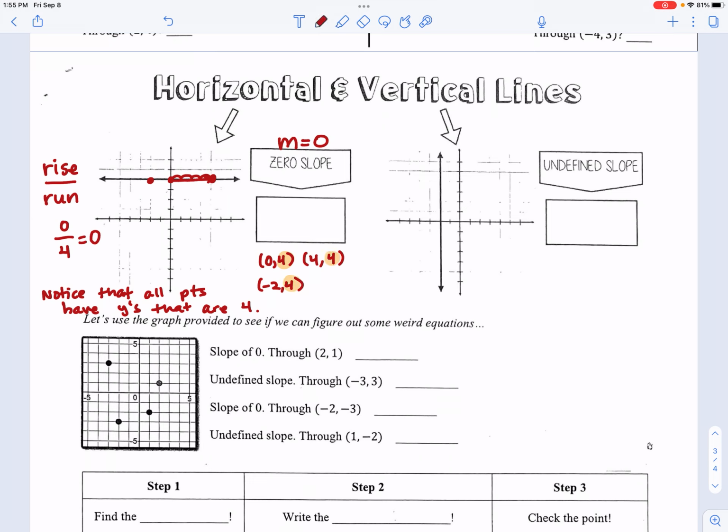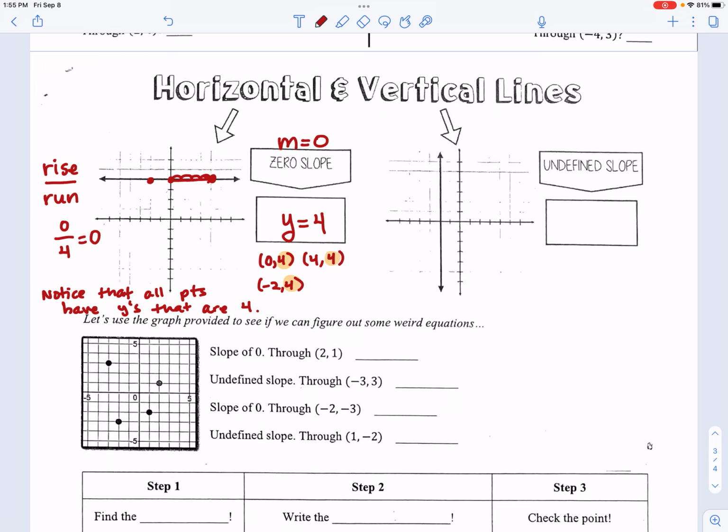That actually tells you the equation of this line. It does not matter what your x values are. Your y's are all equal to 4. So anytime you see points that all have the same y values, you're going to have a horizontal line with the equation y equals 4.